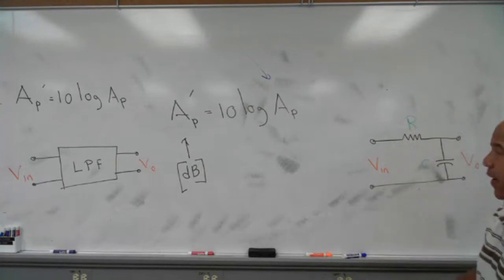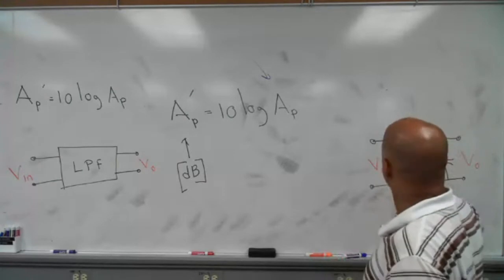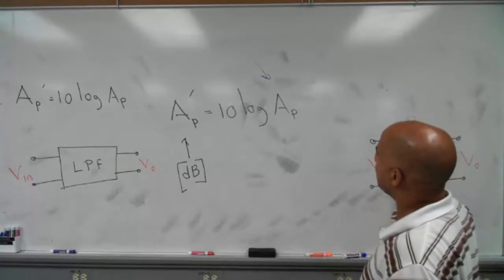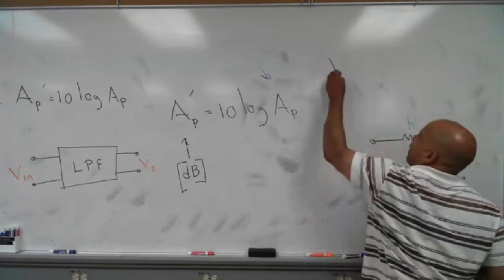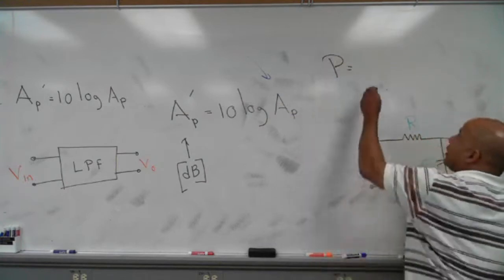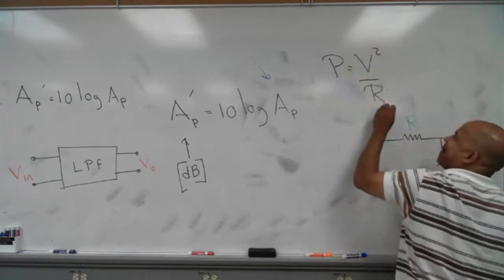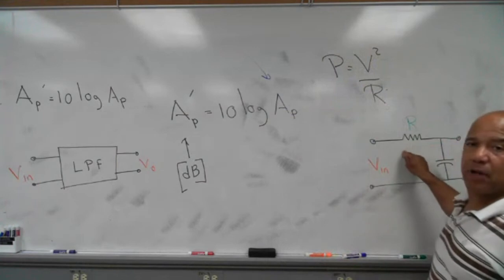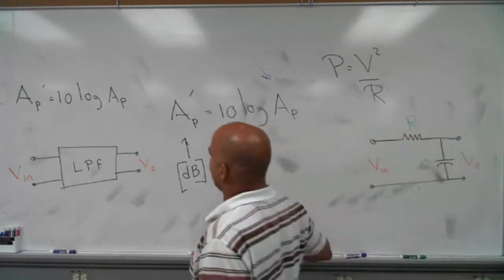Okay, so that's what's in the box over there. Now, if I wanted to, in this circuit, since one way to get power using Watt's law is V squared over R, and since there's only one common R in this circuit, I could do something.